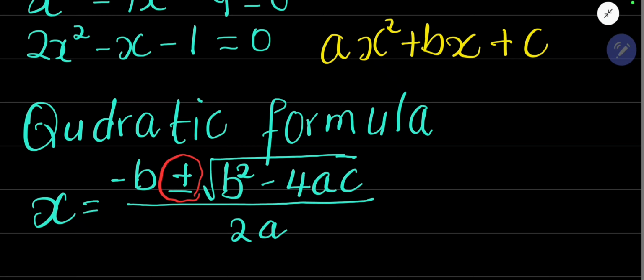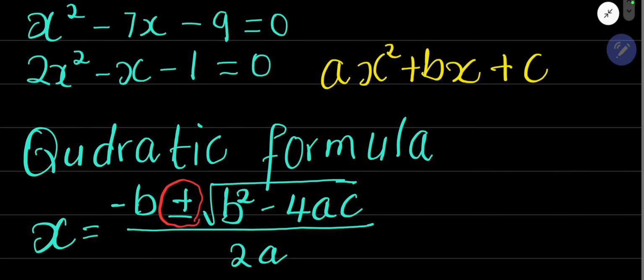If you check here very well, you will notice that a is represented by the coefficient of x squared, b is represented by the coefficient of x, and c is a constant, a number that has no variable attached to it. It's a pure number. Let's check the above two examples.